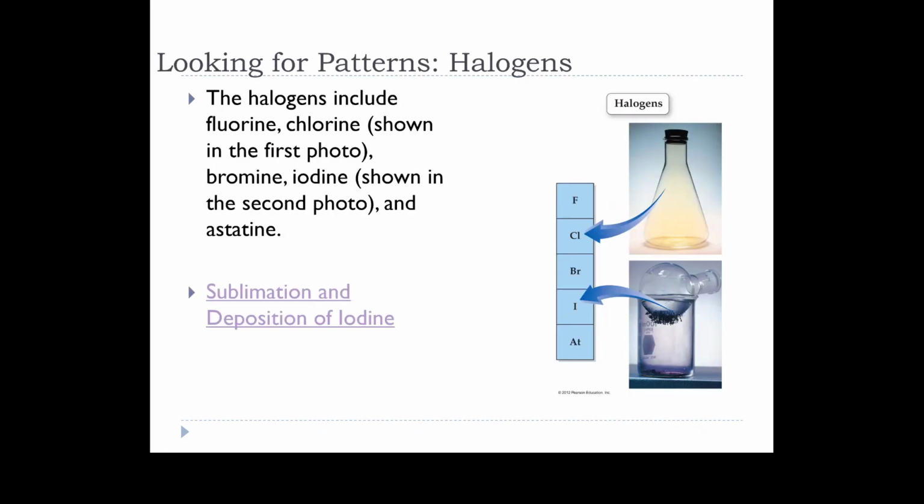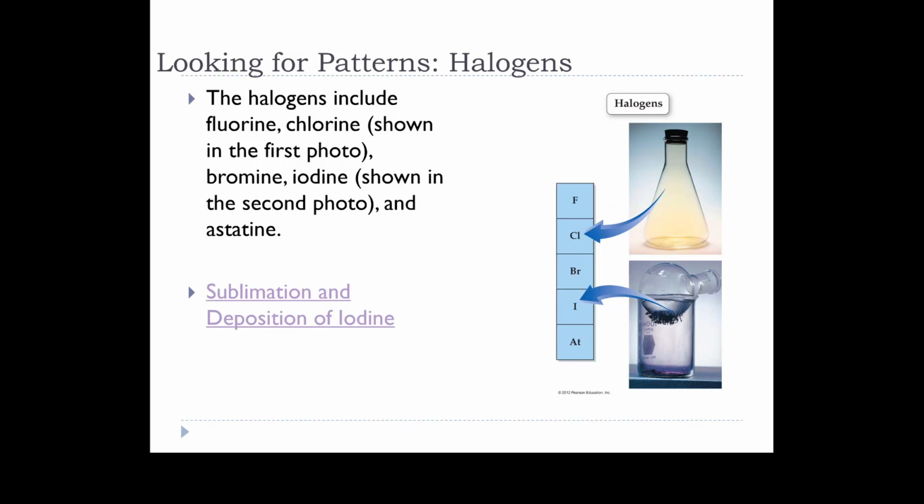The halogens are neat for reasons that we can't really 100% get into in Gen Chem 1, but you'll learn about in Gen Chem 2. So something like iodine, for example, is a solid, but it's held together by a type of forces that are pretty weak called intermolecular forces. And so if we heat it up a little bit, we can turn it directly from a solid into a gas.